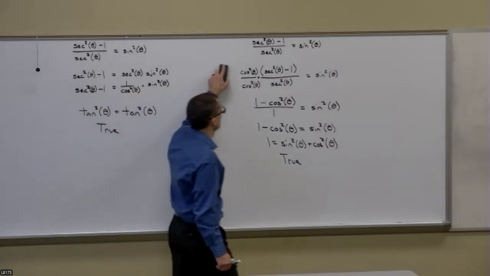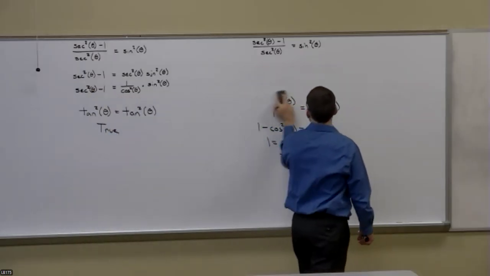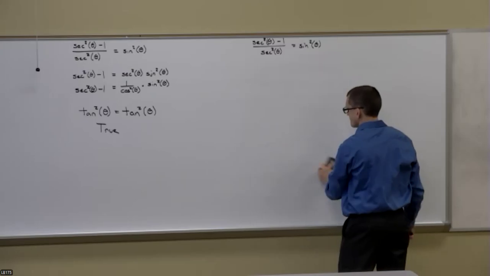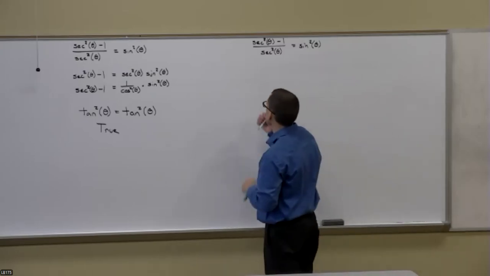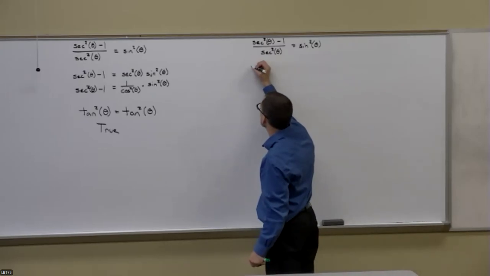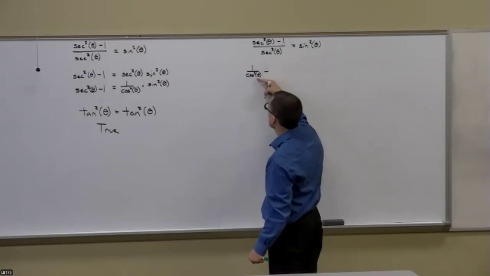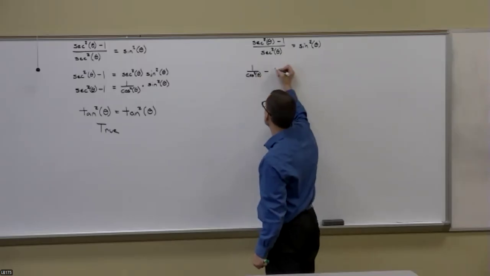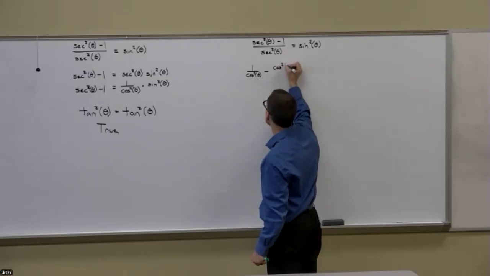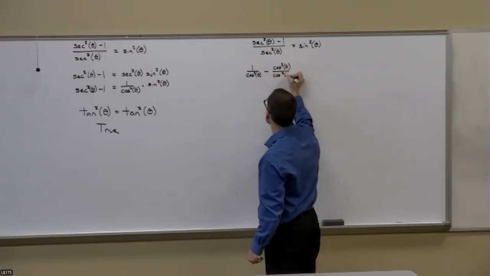But you could do that if you'd like. Let me go ahead and just do that, so you can see what I'm saying. Since this has denominator cosine squared, I'll write 1 as cosine squared over cosine squared.